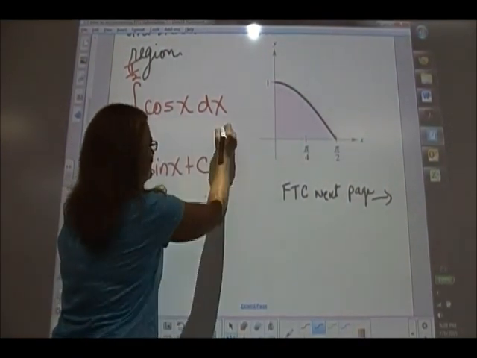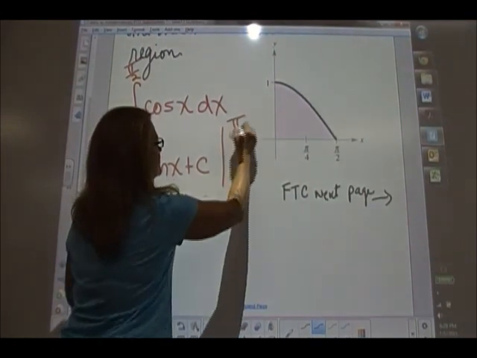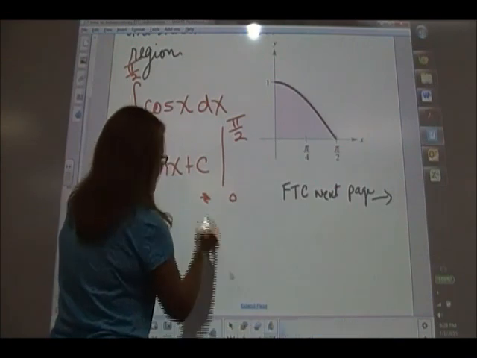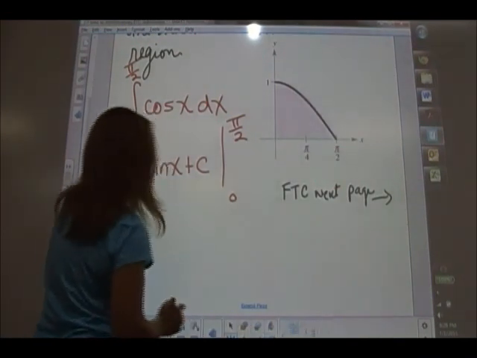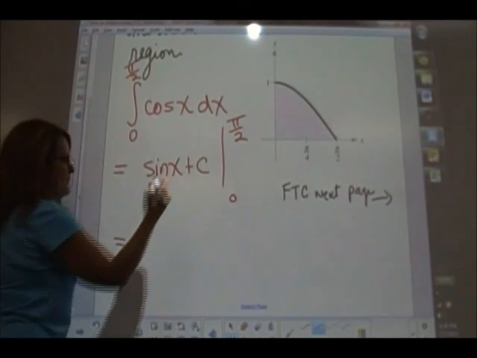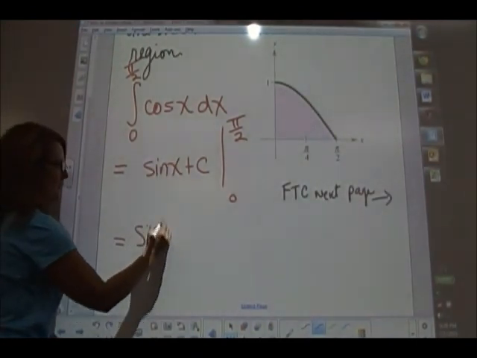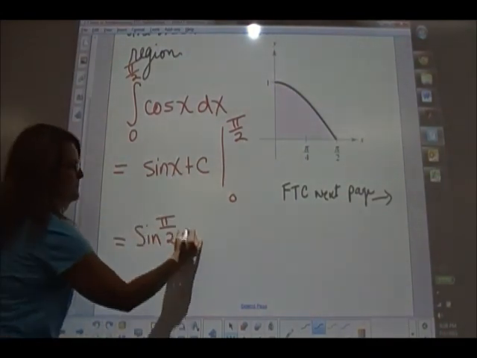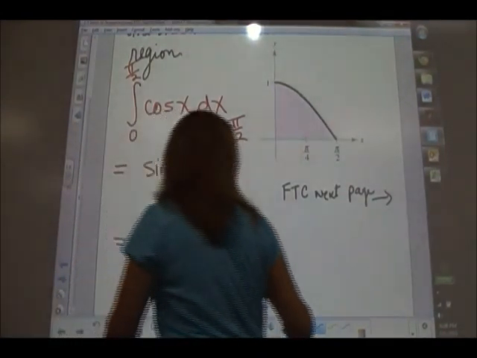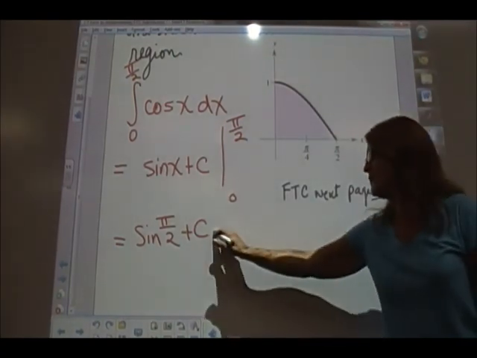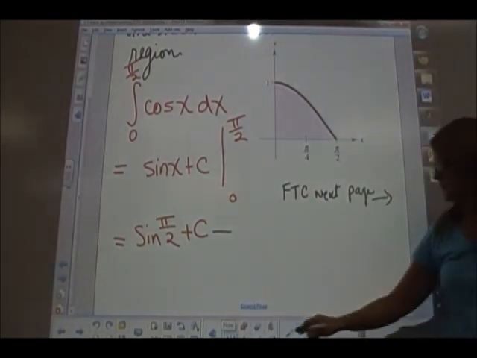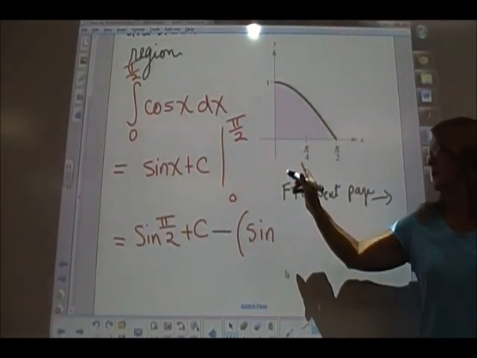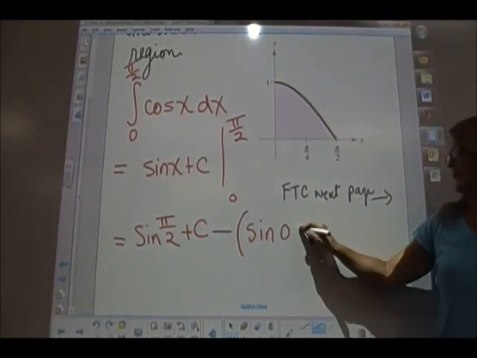Just add a little plus C. So I've got the sine of pi over 2, little b, evaluate big F at b first, plus C. And the fundamental theorem of calculus says that we're going to subtract from that the sine of 0 plus C.